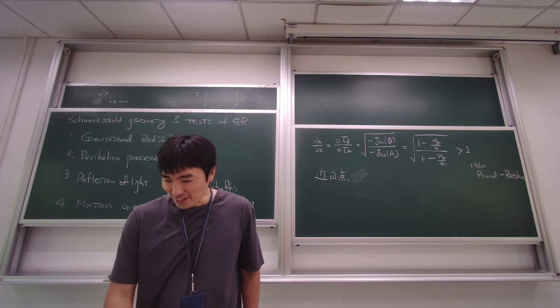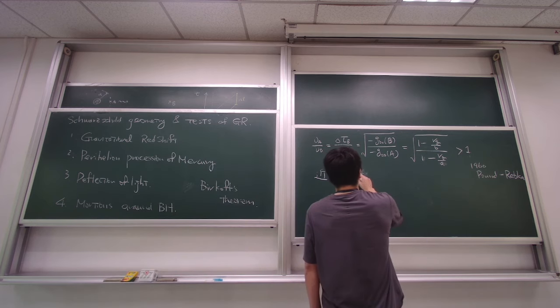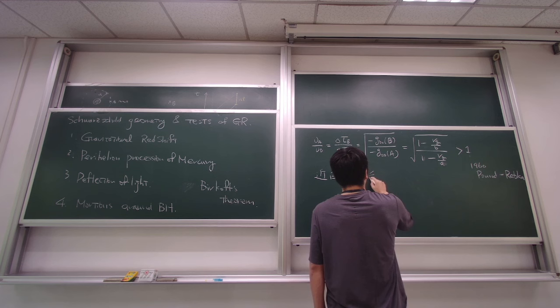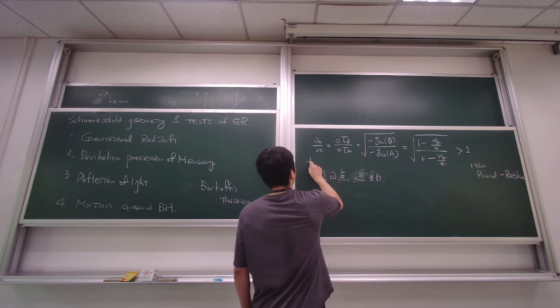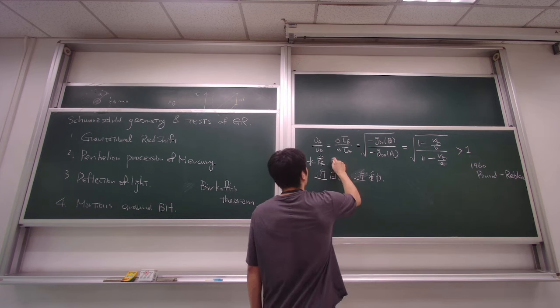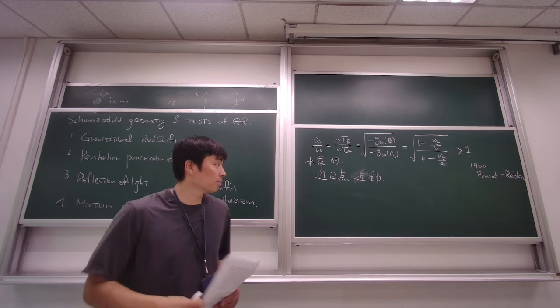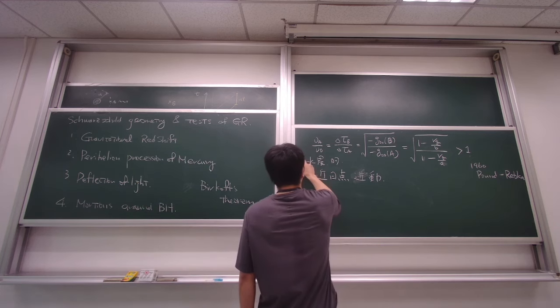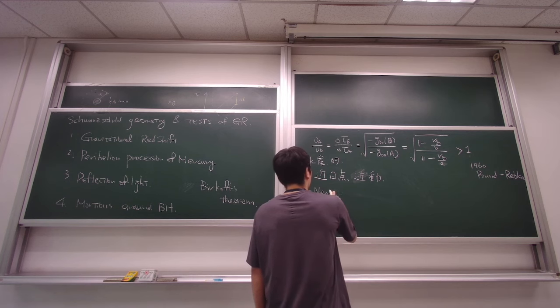I'm familiar with English, so okay. Okay, so this one. Mercury is the Schwarzschild. Okay. So that's the second consequence we will consider.